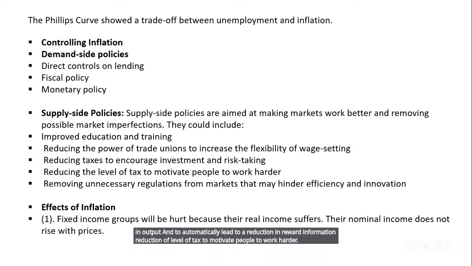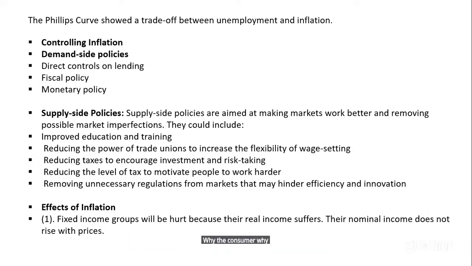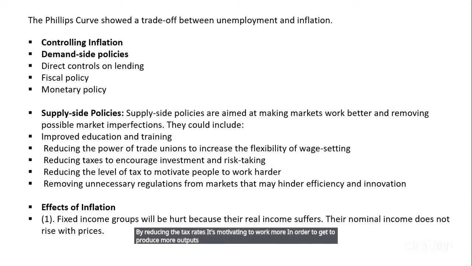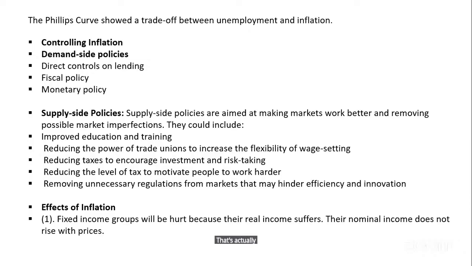When labor can get higher income through a reduced tax rate, it motivates them to work more in order to produce more output and reduce inflation. Removing unnecessary regulation from markets that may hinder efficiency and innovation can also reduce inflation in the circulation.